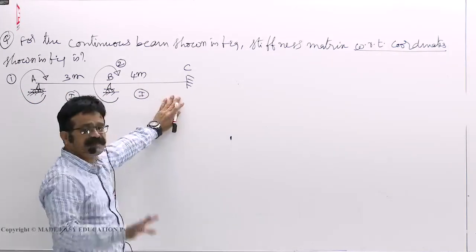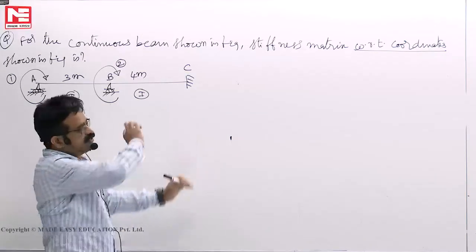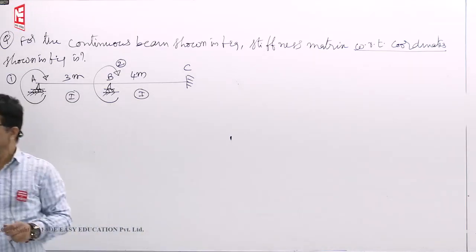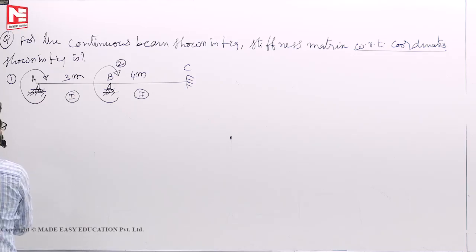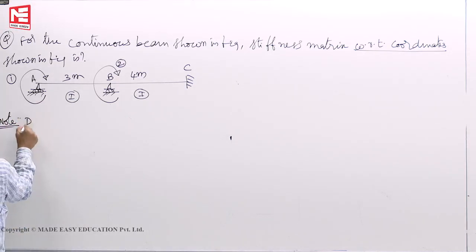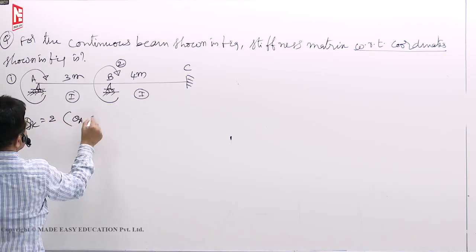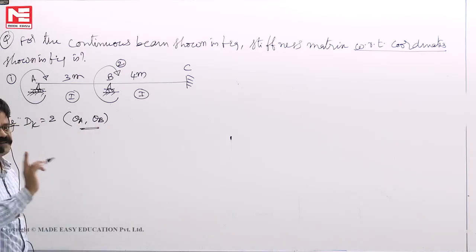That means this beam is axially rigid but not flexurally rigid. Flexural things can happen but it is axially rigid. In such cases, what is dk? Dk is equal to 2, the kinematic indeterminacy: theta A, theta B. So these are the possible independent displacements.